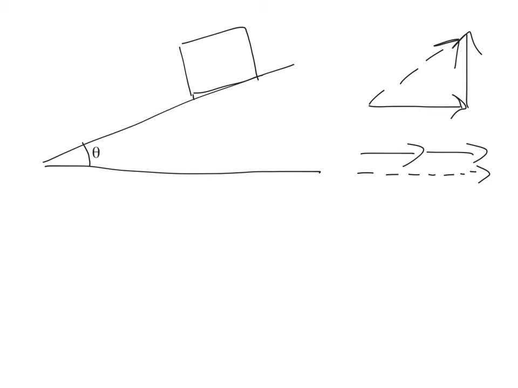You're just adding the values. Or if you have vectors going opposite, the net force is the subtraction of the two. These two situations are way easier to deal with than this, even though we know how to deal with this.